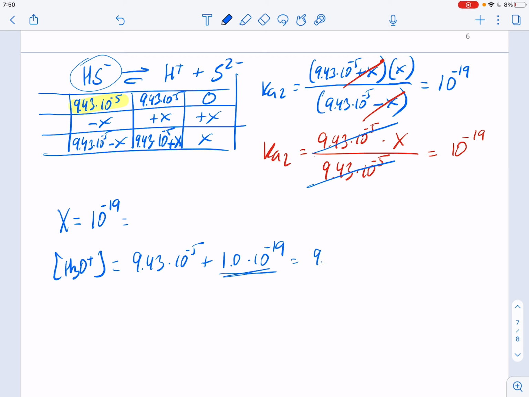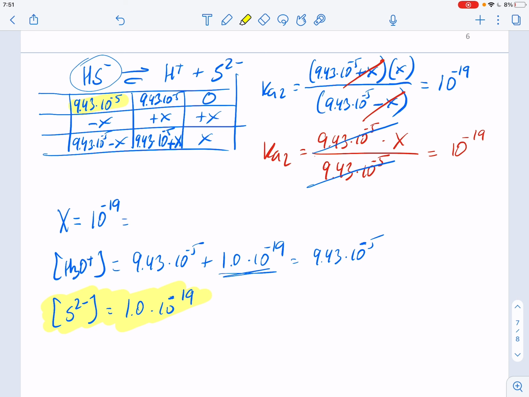So this is pretty much 9.43 × 10^-5. The concentration of H plus, H3O plus, is pretty much just the contribution of the first step. But the concentration of sulfide is going to be 1.0 × 10^-19. Okay, so this is one of the answers that we are looking for.